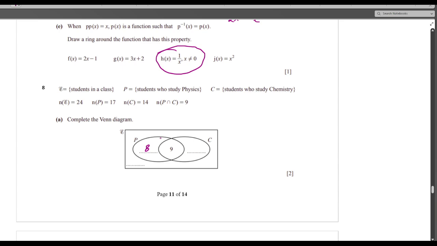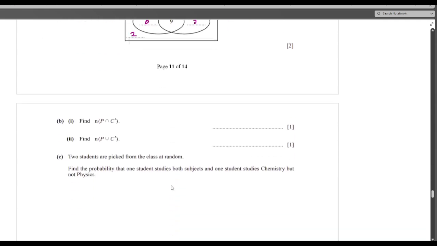Then for chemistry it is 14. So 14 minus 9, I will write 5 over here. Now if you add them, 8 plus 9 plus 5, you will get 22. So out of 24, 22 is here. So I will write 2 here. This is my complete Venn diagram.